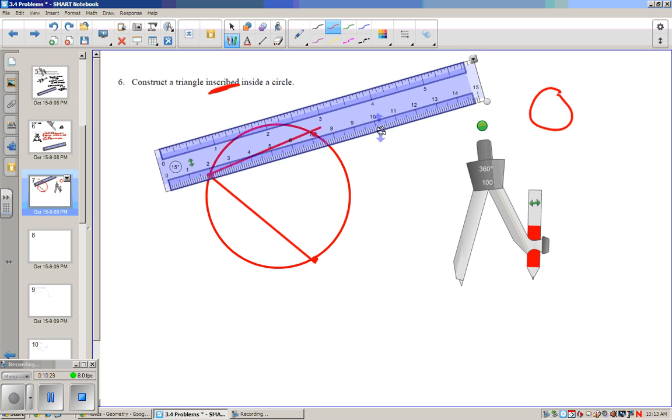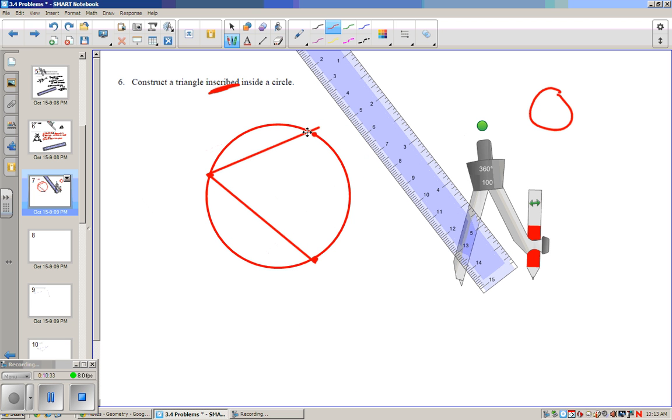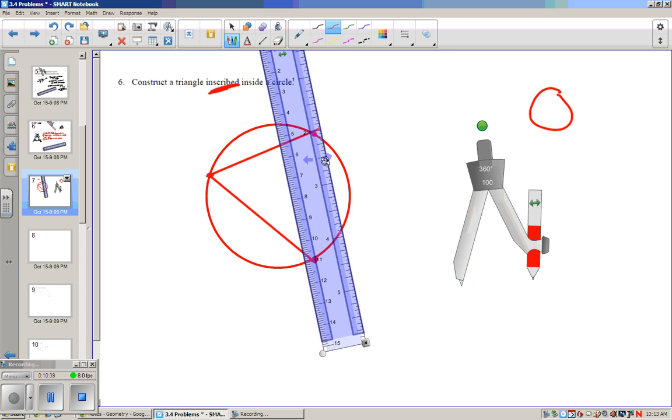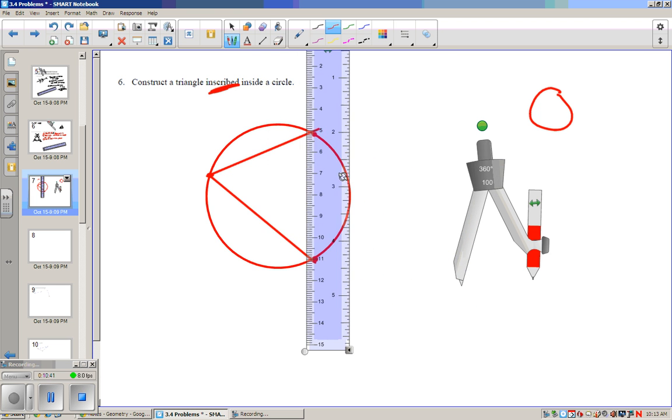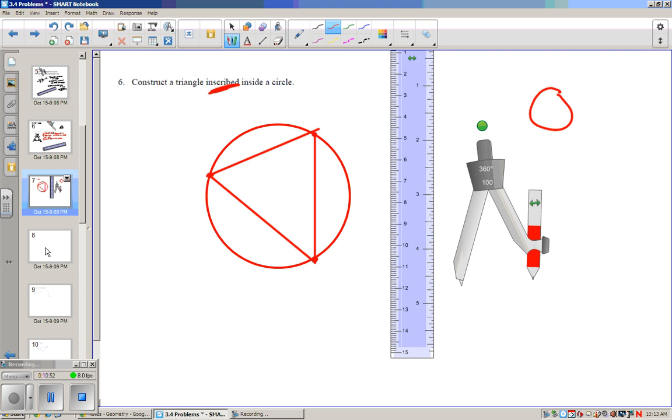And then my last one. Okay, and I'm finally going to get my last one. I hope you could do this a lot quicker on paper. So there's my triangle inscribed in a circle.